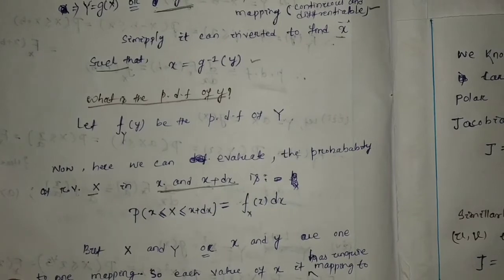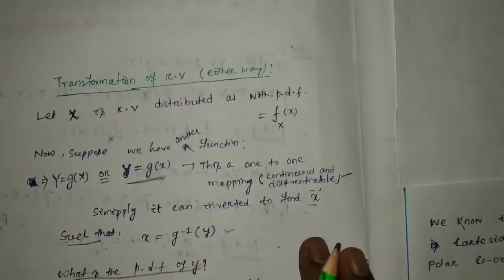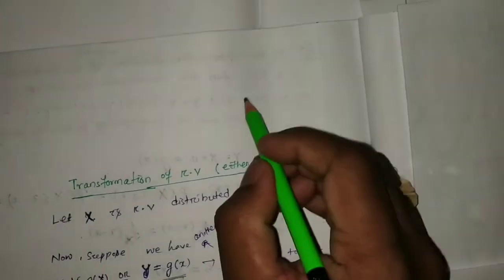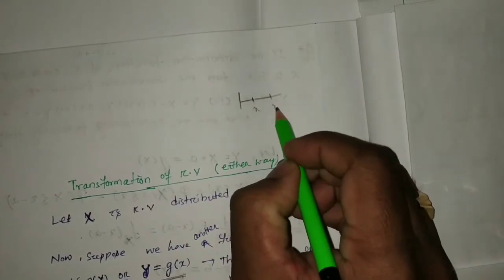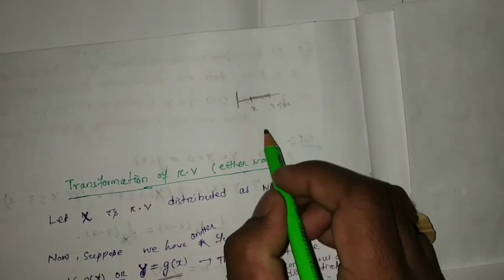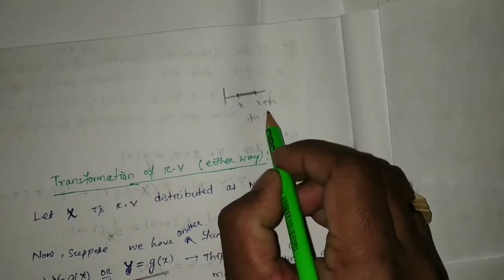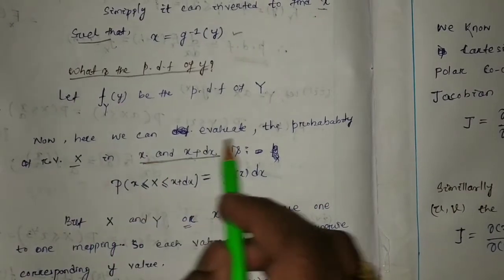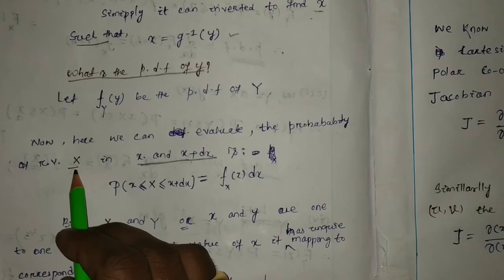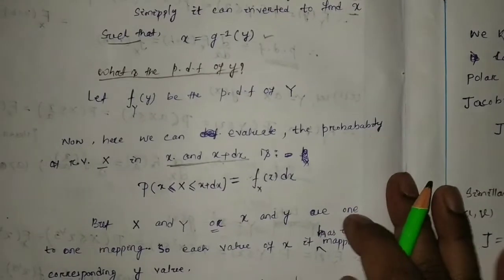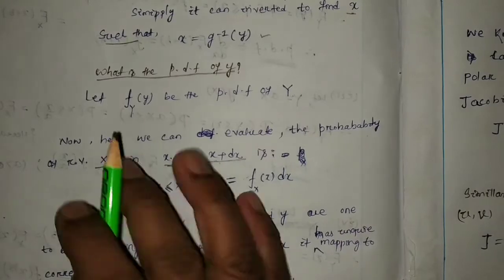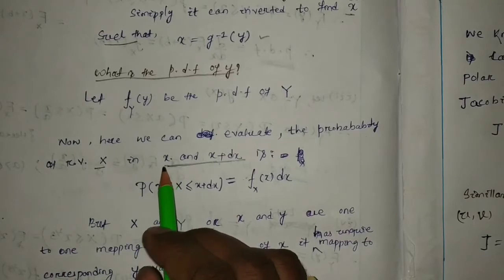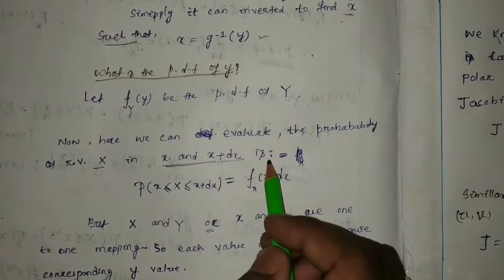If the probability density function of x is given, then in the range x and x plus dx the probability will be the probability density function into dx, that we know.